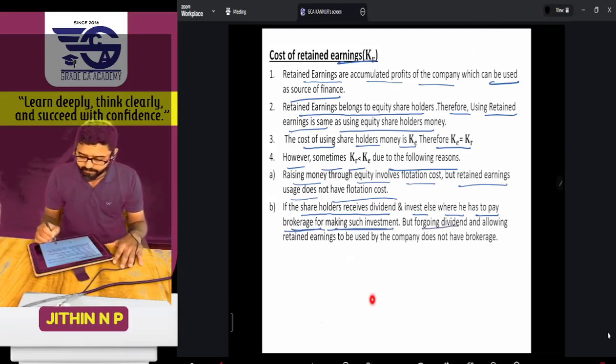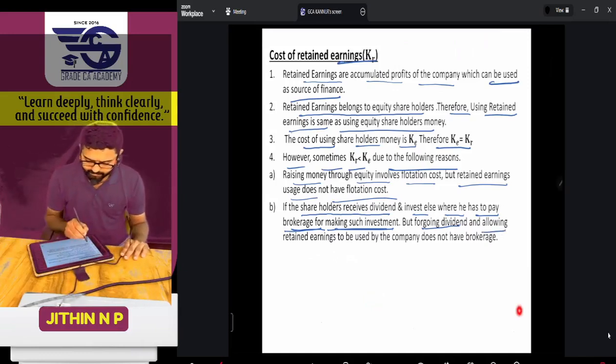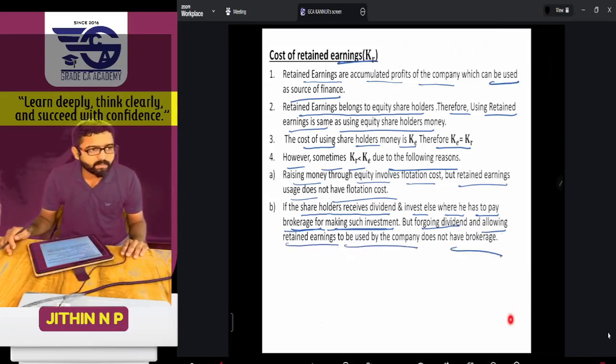But foregoing dividend, the company making retained earnings and using them, does not have brokerage. Clear? If the company uses retained earnings, there is no brokerage.